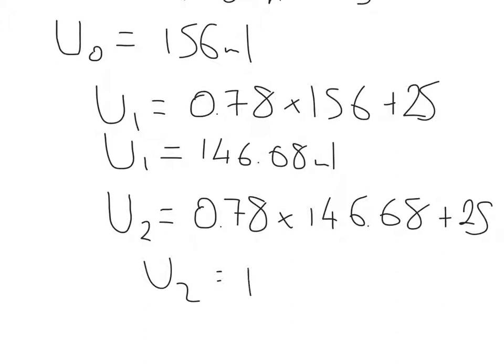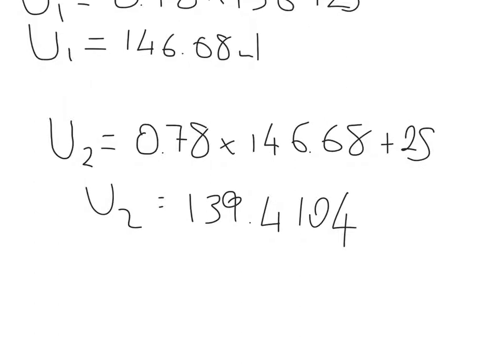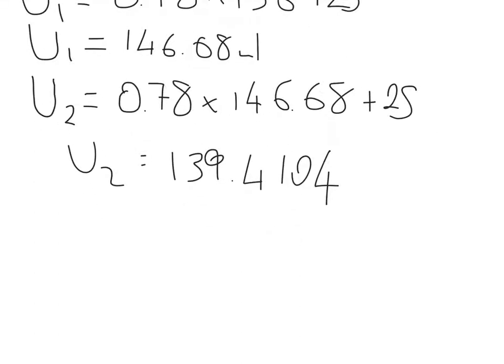That will then give me 139.4104. By repeating that process in the calculator twice, the calculator then recognises it's a recurrence relation, and the equals sign can be pressed beyond that, which will set up the recurrence relation, and u3 after 24 hours will be 133.74 millilitres.